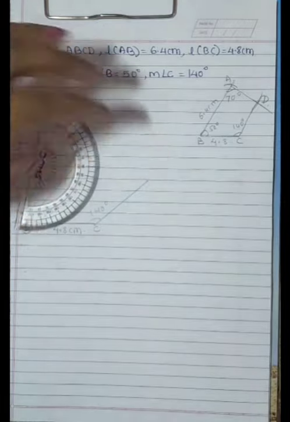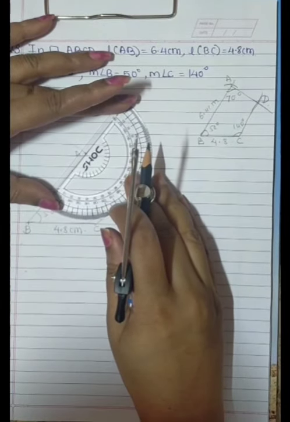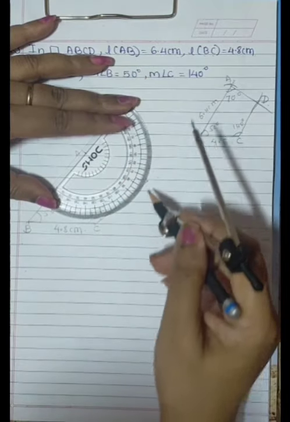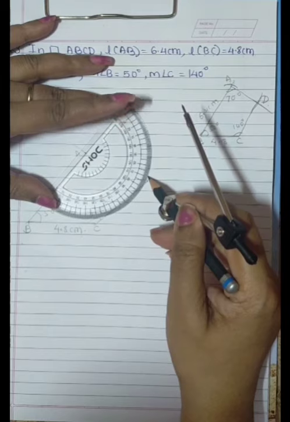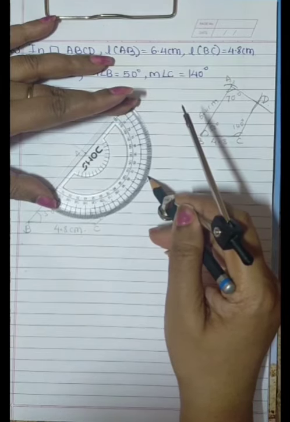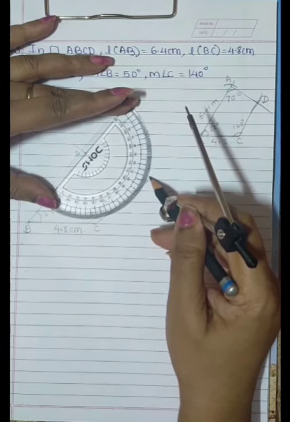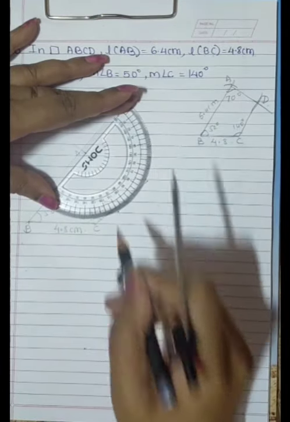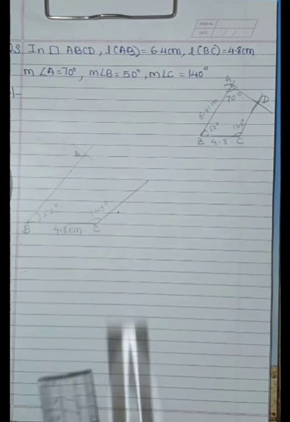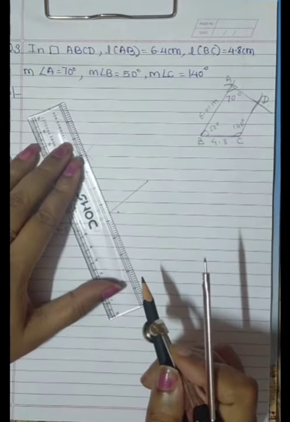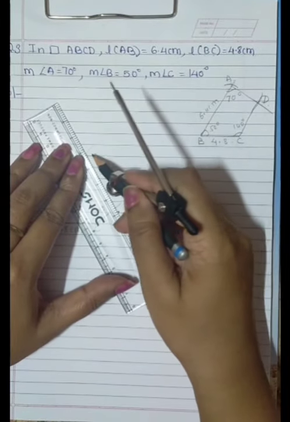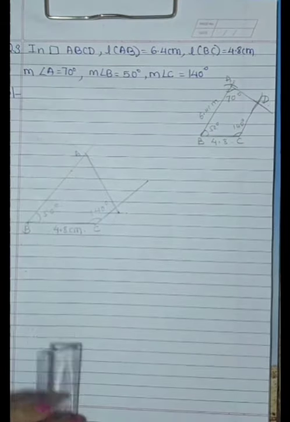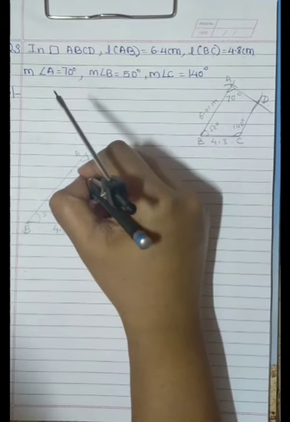So we'll take 70 degree from this point. So this is our 70 degree. Now we are going to join this A. Okay, now this is our 70 degree.